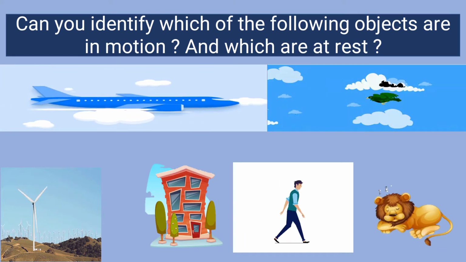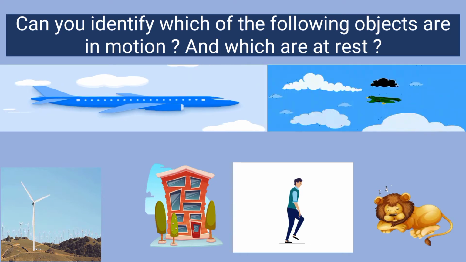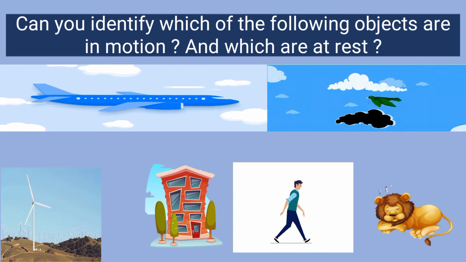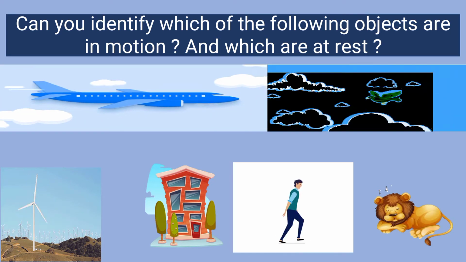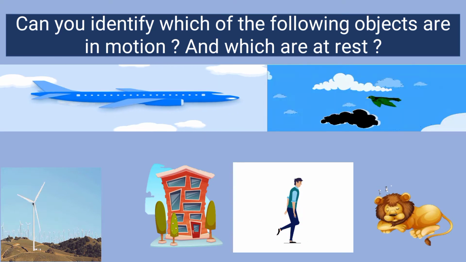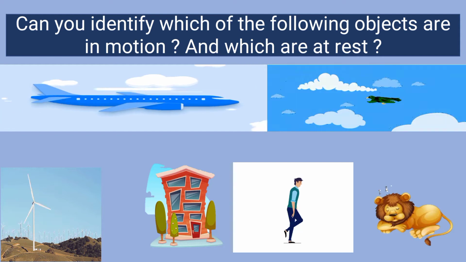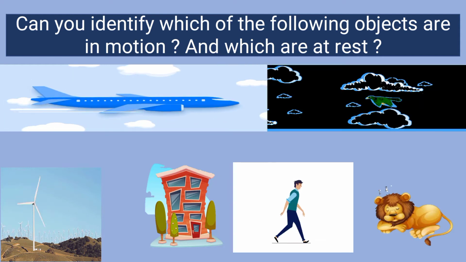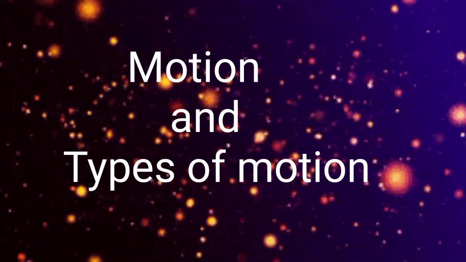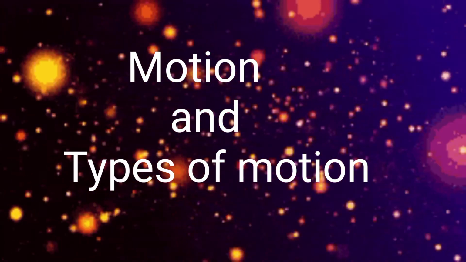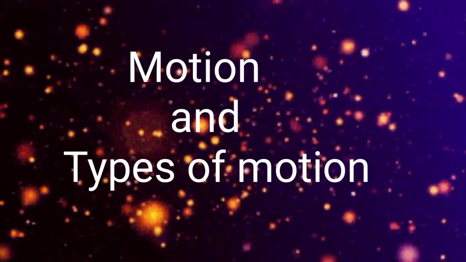Yes, we see that the flying plane, flying bird, the windmill, and a person walking on the street are in motion, whereas the lion and building are at rest. So let's study what is motion and what are the types of motion.